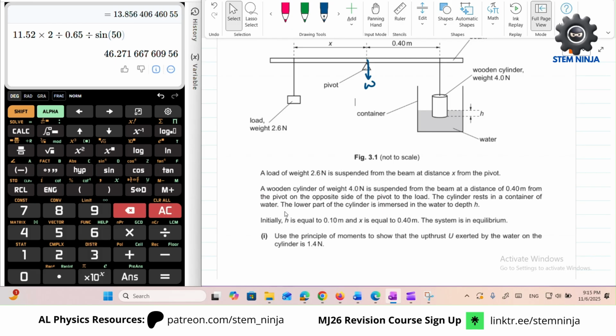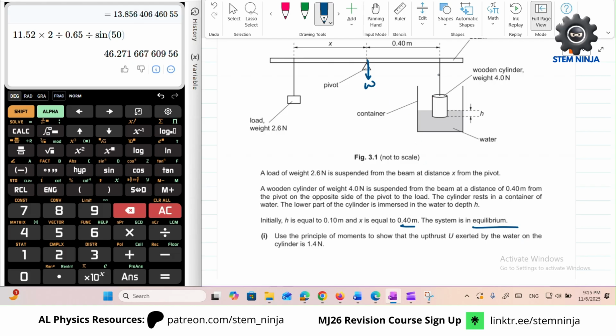The cylinder rests in a container of water. The lower part of the cylinder is immersed in water to depth h. Initially, h is equal to 0.10 meters and x is equal to 0.4 meters. The system is in equilibrium. Use the principle of moments to show that the upthrust U exerted by the water on the cylinder is this.